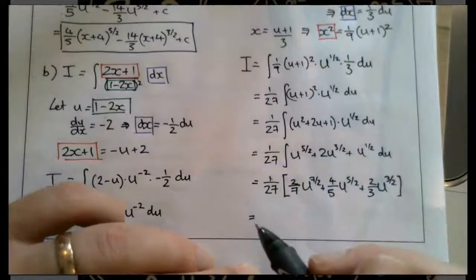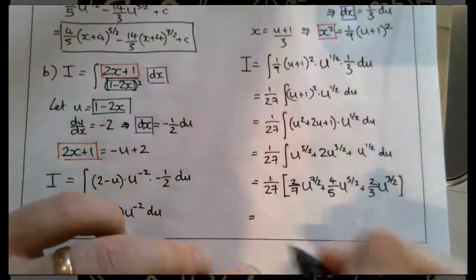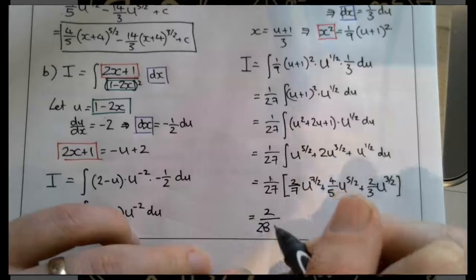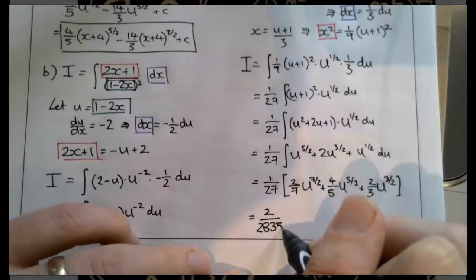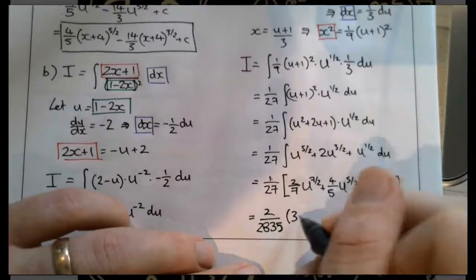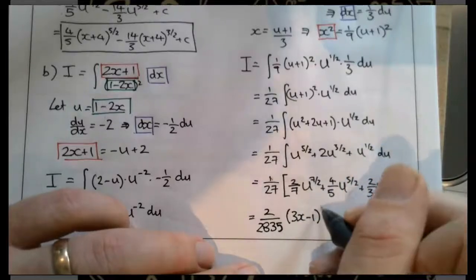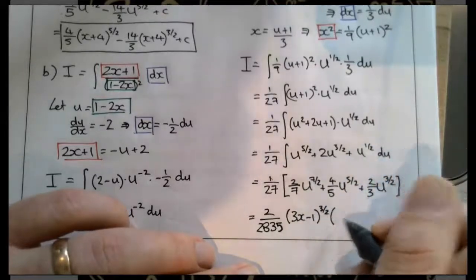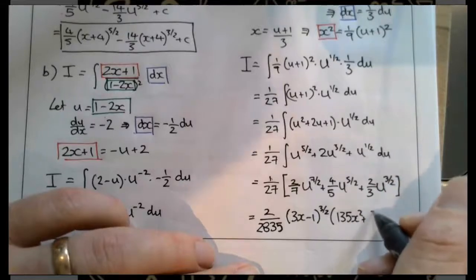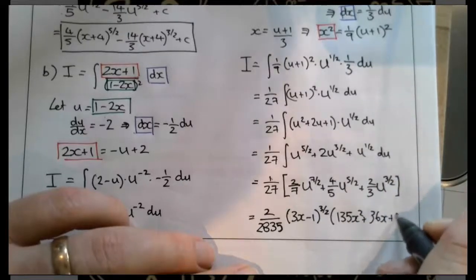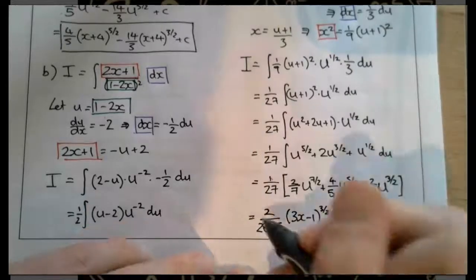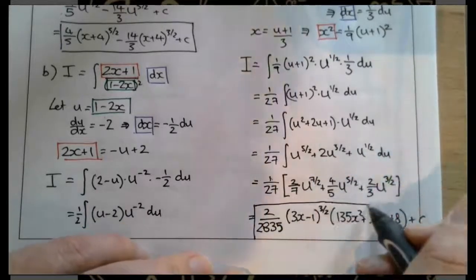There are various different ways you can write it, but if you fully simplify it, what you'll see in the textbook is they look at all the coefficients, they expand the terms, and what you end up with, if you take out a factor of u to the power of 3 over 2, is 135x squared plus 36x plus 8, and of course we must always remember plus c.